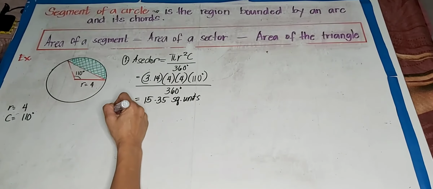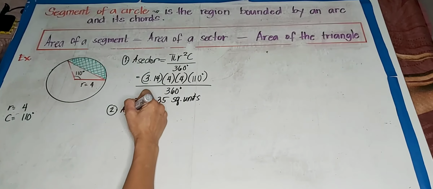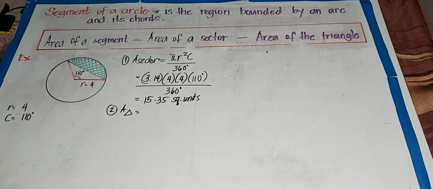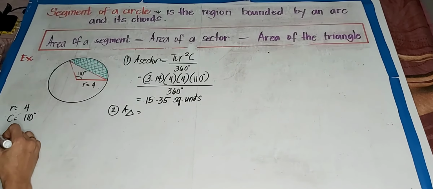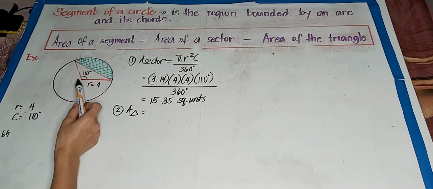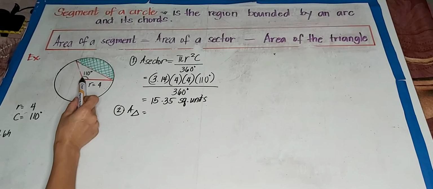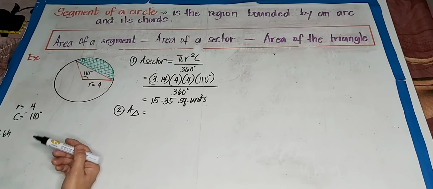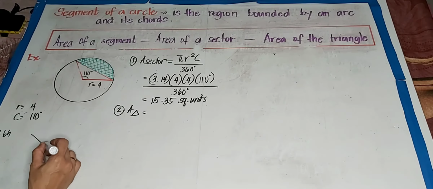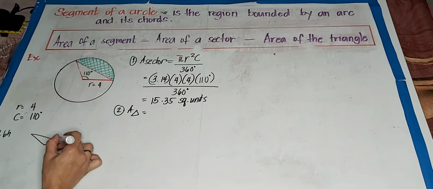Now, step 2. Area of the triangle. So, again, we cannot use the formula 1/2 base times height here. Kasi meron tayong base na 4, but our height is not defined. Okay, kasi hindi naman siya right triangle. So, if we draw this, magiging parang ganyan siya.